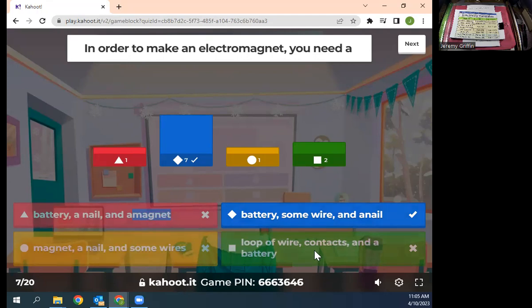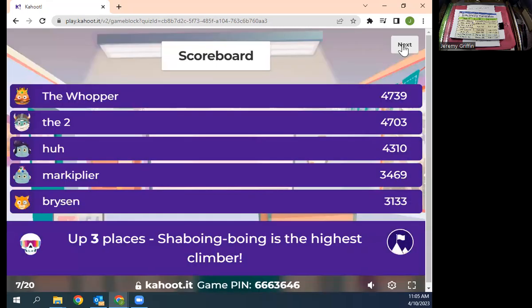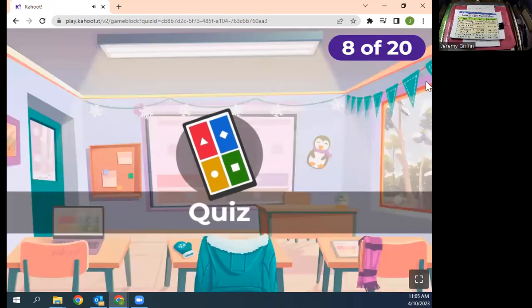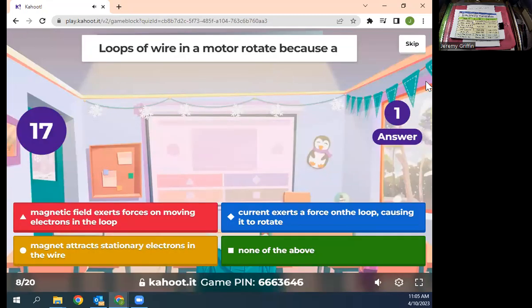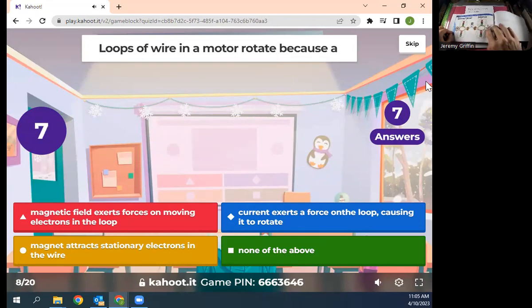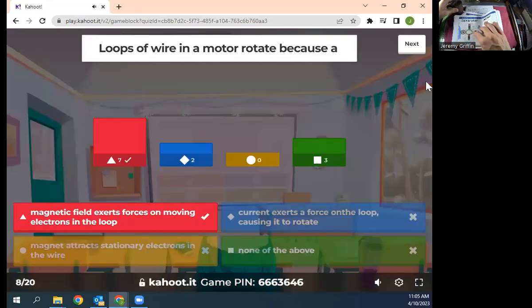Okay. All right. Wire. Right. Loops of wire in a motor rotate because... all right.